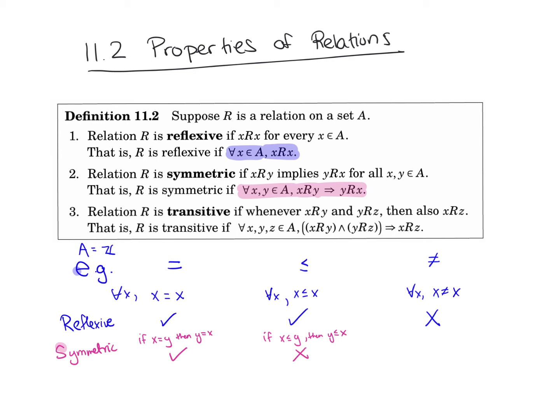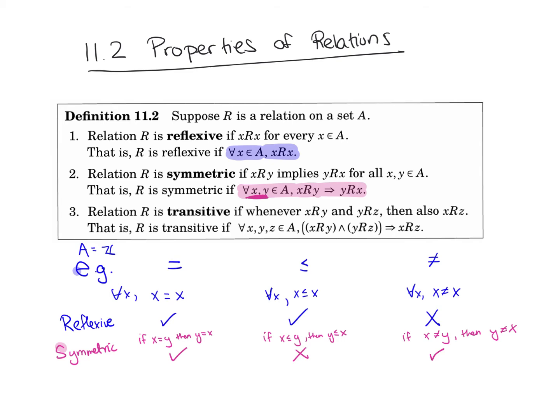And the last one says if x is not equal to y, then y is not equal to x. That's true, right? If they're not equal, then they're not equal. And that has to be true for everything in the set. It's not just for some x and y, but for all x and y.